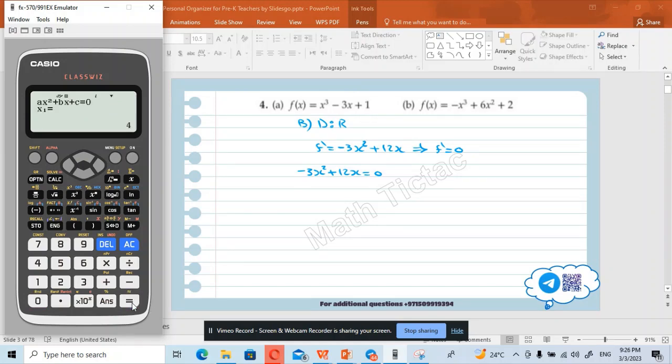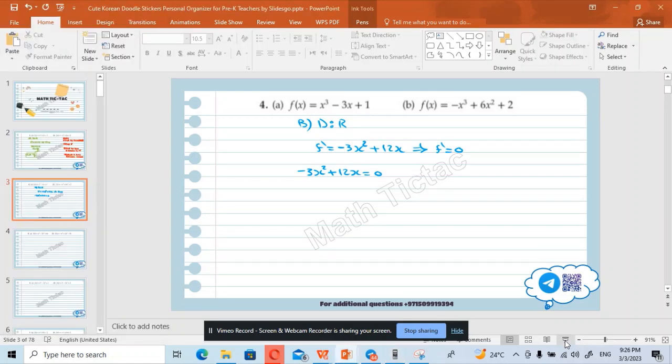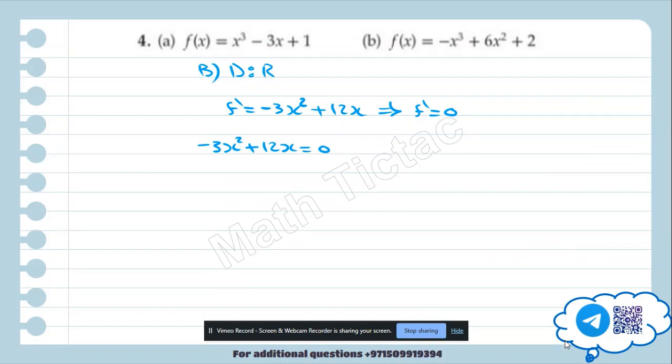So now this is the first value for x, which is 4, and the second value is x equal to 0. So I'll put directly here x equal to 4, and x equal to 0.